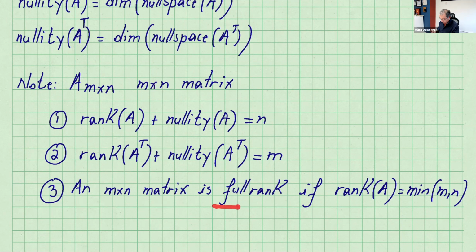Remember that word, and we are going to see that in the next lectures or next videos. So the matrix is full rank if the rank of A is the minimum of m, number of rows, or n, number of columns. So in some problems you might be given one of those and they're going to ask you to find the rest, which is pretty easy. Just substitute and you can find the rest.